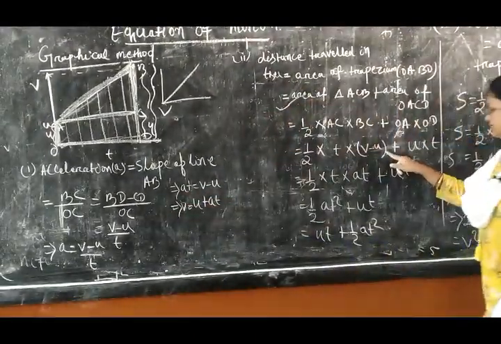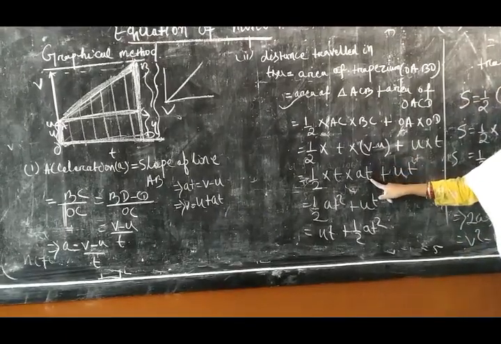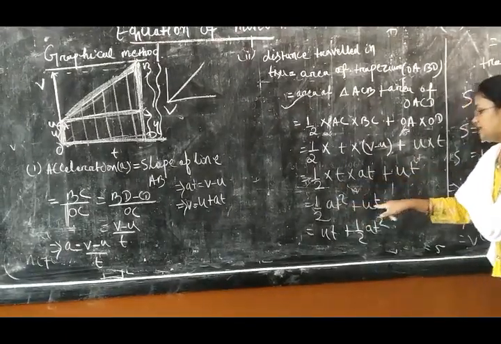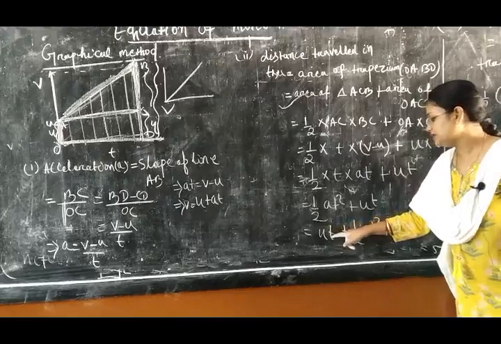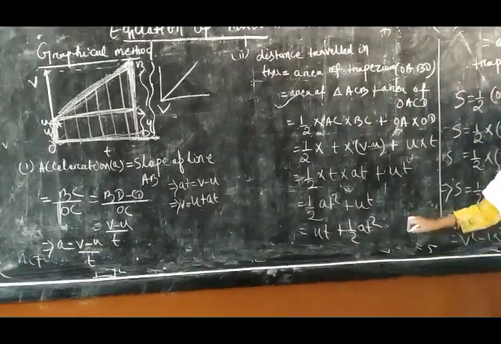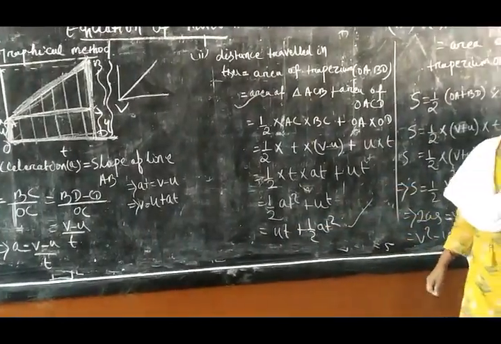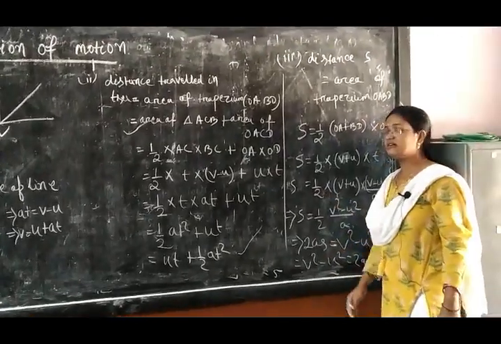So in place of V minus U, you can write at. So half at square plus ut, or ut plus half at square. This is the second equation of motion. Then you see the third equation of motion.